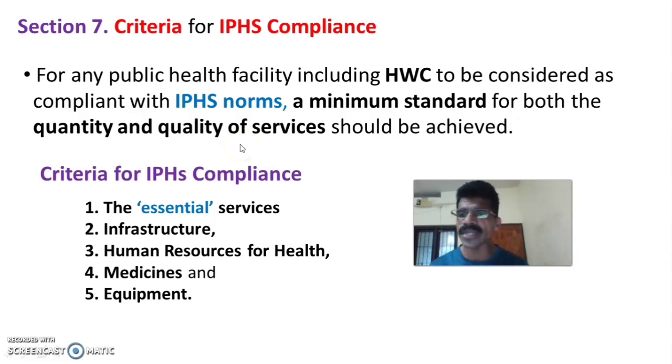Okay. So to render quality and quantity services, all the health and wellness centers should have the minimum 5 criteria as per the IPHS norms or standards of 2022. The 5 important criteria are, first one is the essential services. So as you know that we have already discussed, there are 2 types of services, that is essential and desirable services.